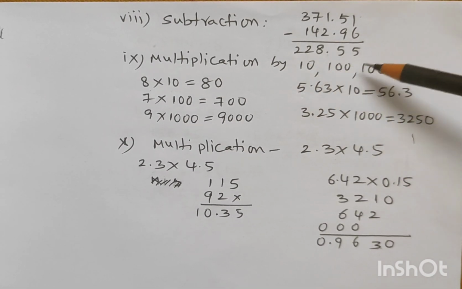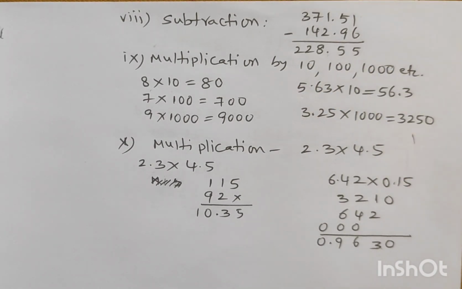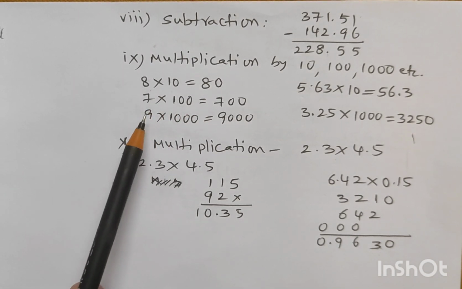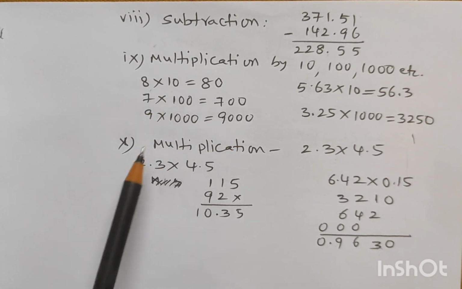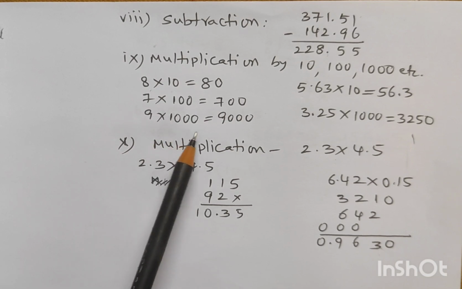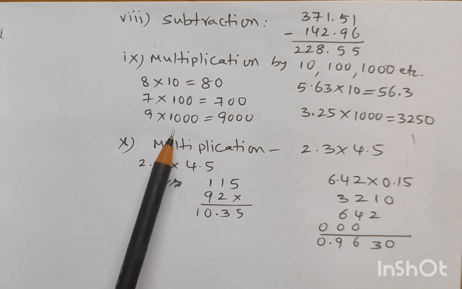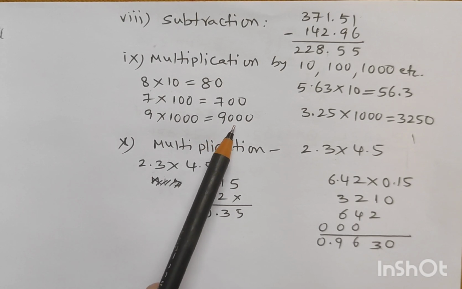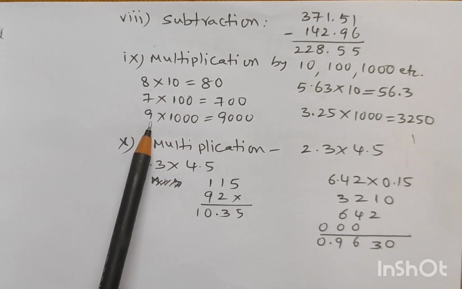Multiplication by 10, 100 and 1000. See, 8 into 10 is 80, 7 into 100 is 700, and 9 into 1000 is 9000. There are 3 zeros after 1, and here we add 3 zeros after the digit.